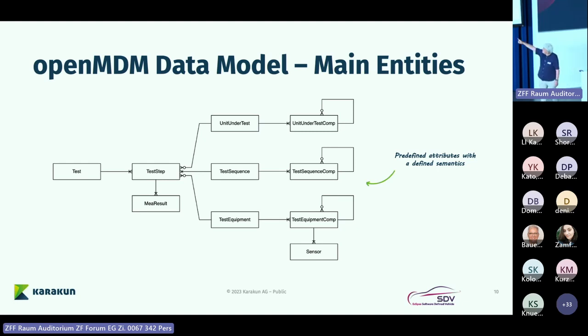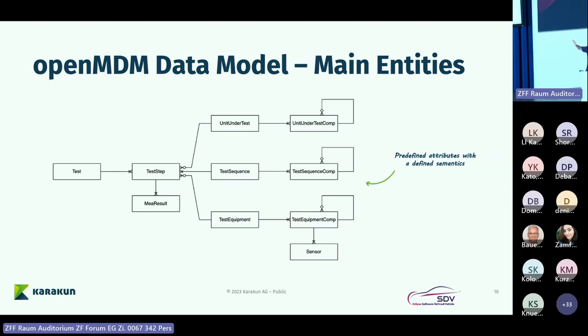And beyond the test step, there is one box which is measurement. It is in the model quite more complex. You will see more in the demo, but here it contains the real result data.